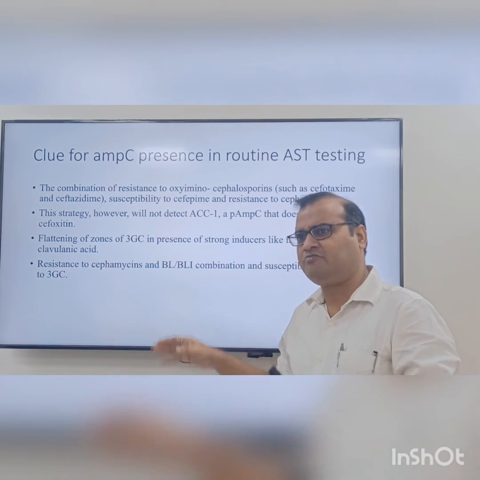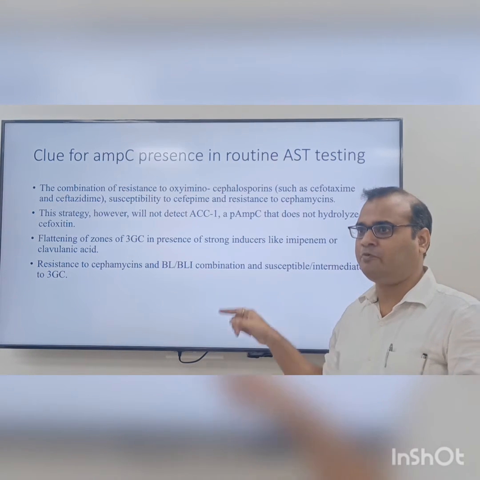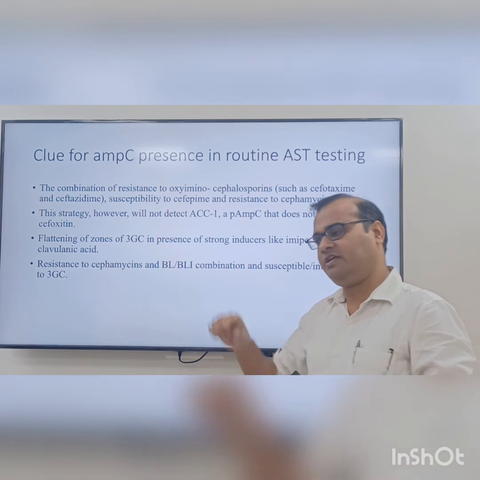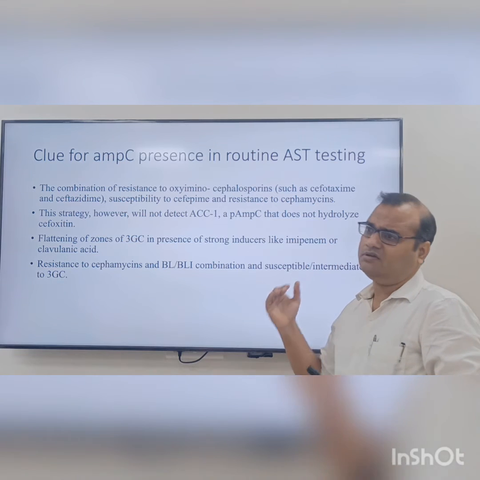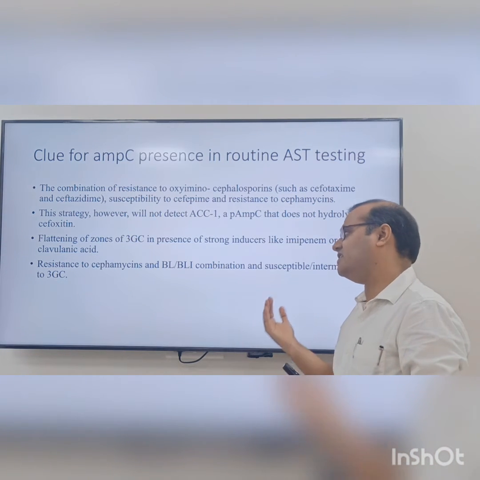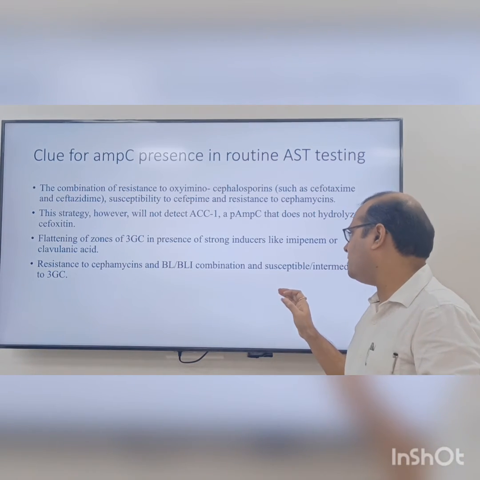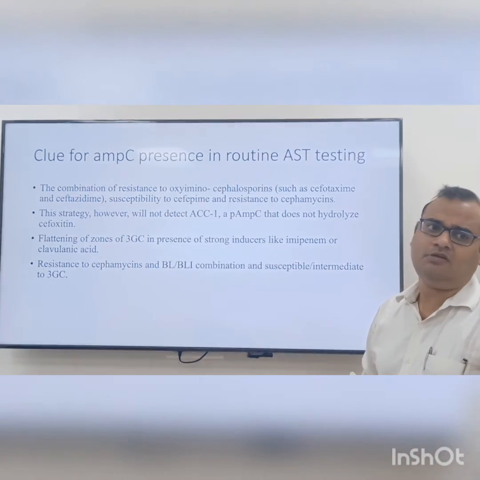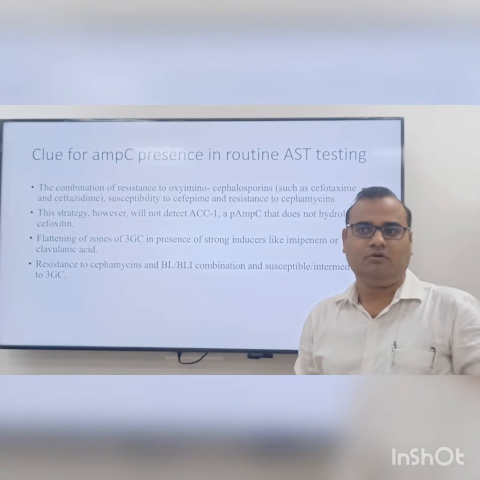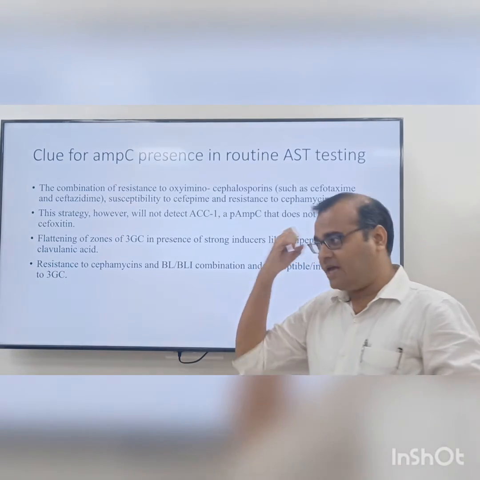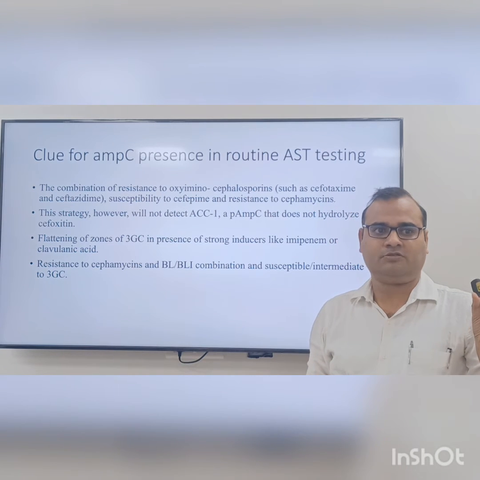With the imipenem disc kept in the center, which we practice in our laboratory, it will give a clue if we put the third generation cephalosporin discs around it. Another likelihood is resistance to cephamycin and beta-lactam inhibitor combinations, with susceptibility or intermediate result to third generation cephalosporins. This may also give a clue to AmpC production, but all this said, it is not that simple.